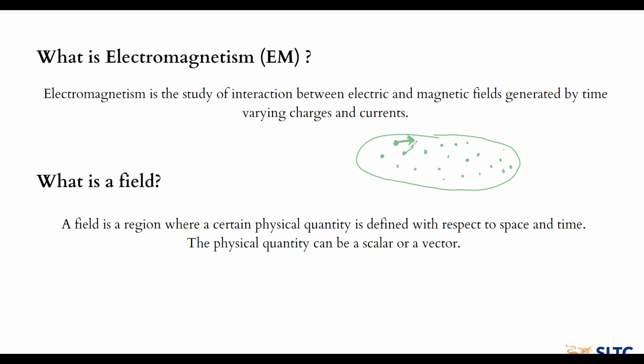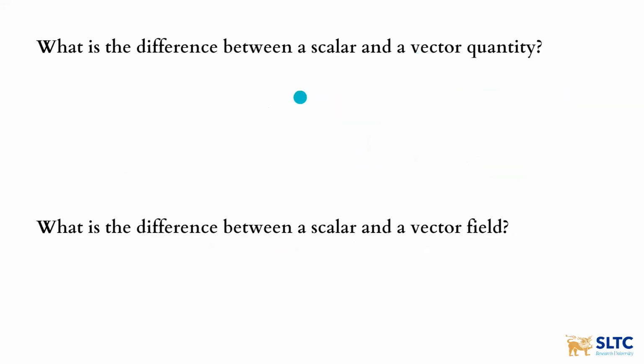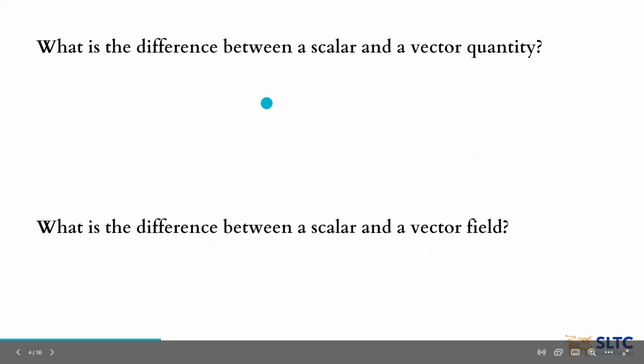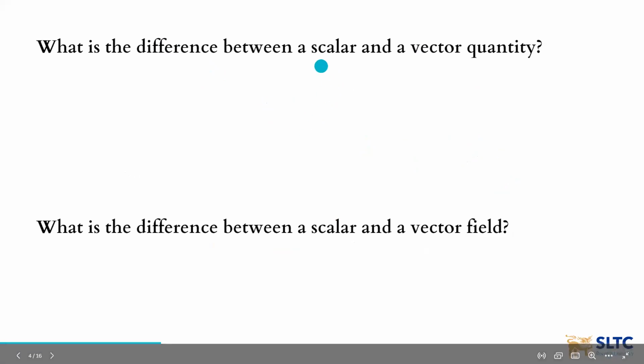So the electric force can vary from point to point based on the electric charges around them, right? So the electric field will be defined like that, consisting of vector components. So then what is the difference between a scalar and a vector?